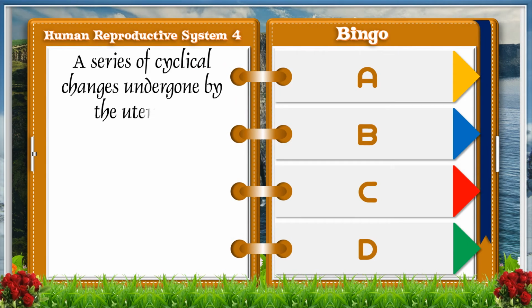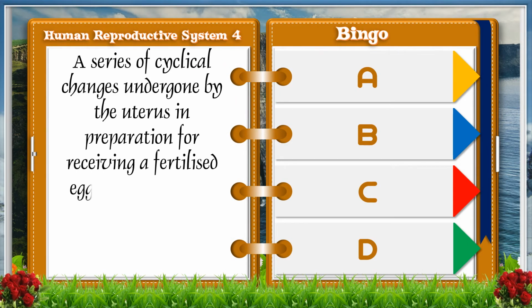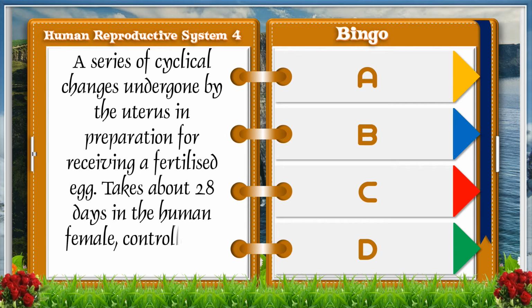A series of cyclical changes undergone by the uterus in preparation for receiving a fertilized egg, takes place over 28 days in the human female, controlled by hormones.